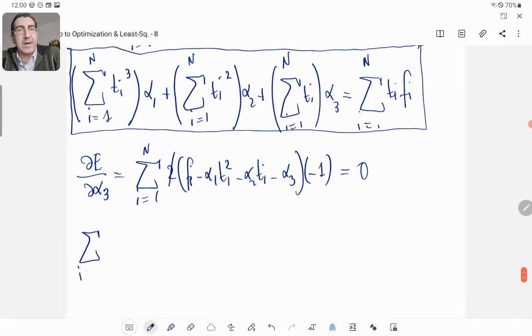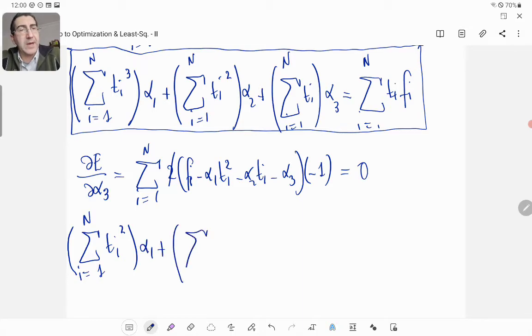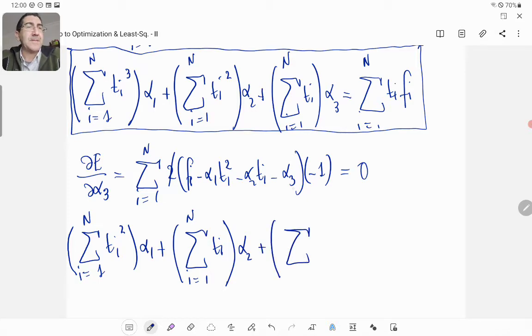Okay, the sum from i equals 1 to n of ti squared alpha 1 plus the sum of ti alpha 2 plus the sum from i equals 1 to n, basically you have 1 over here, times alpha 3, and that is equal to summation i equals 1 to n of fi, which is your final.